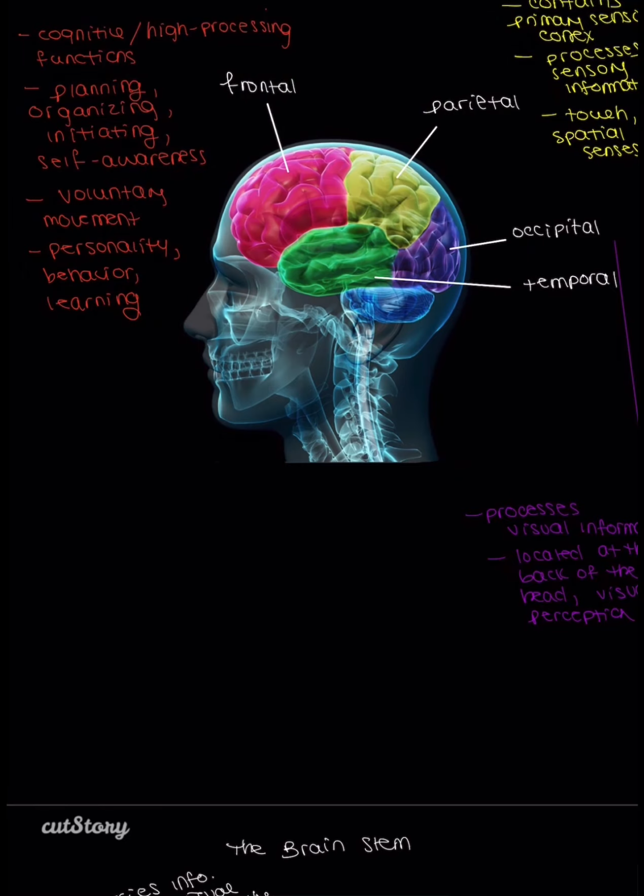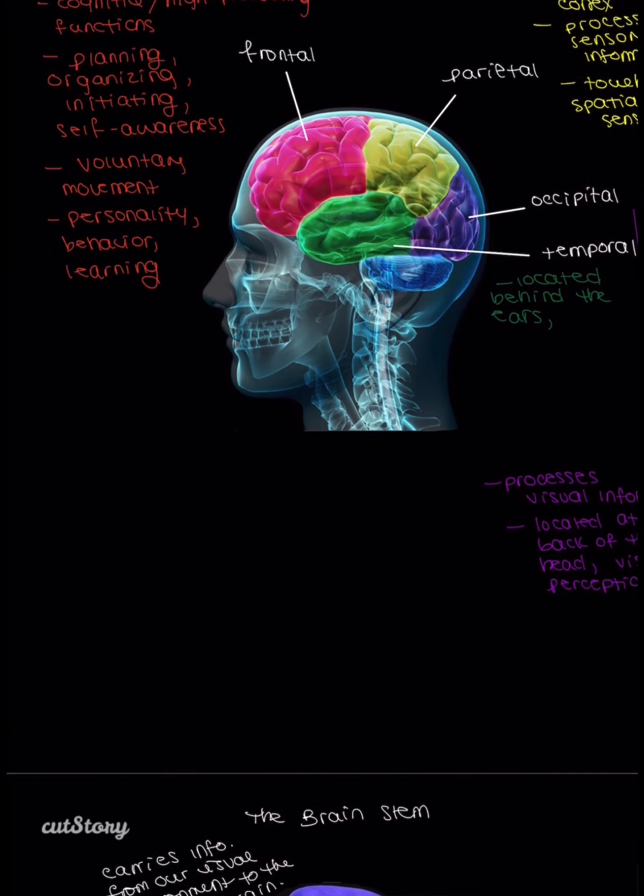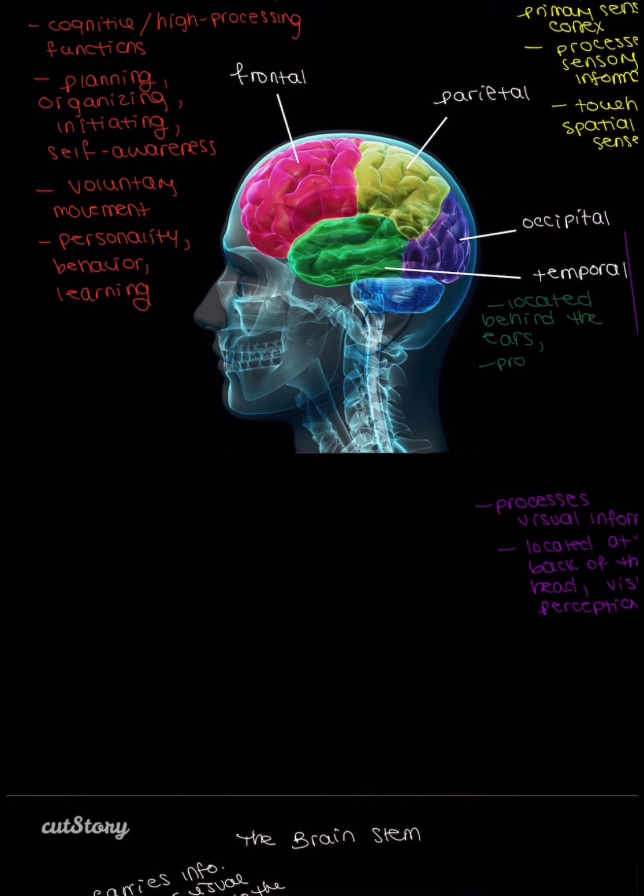Next, we have the temporal lobe. And instead, this lobe is associated with our ears. It's located above and behind our ears. And it processes auditory information and allows us to hear and selectively listen to our surroundings.